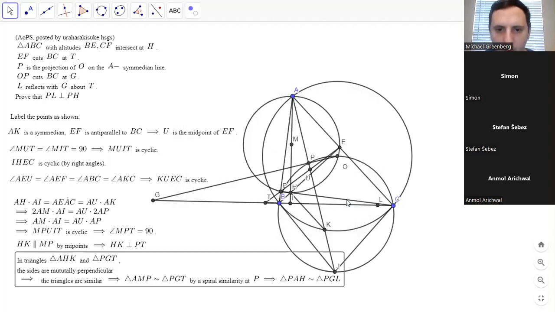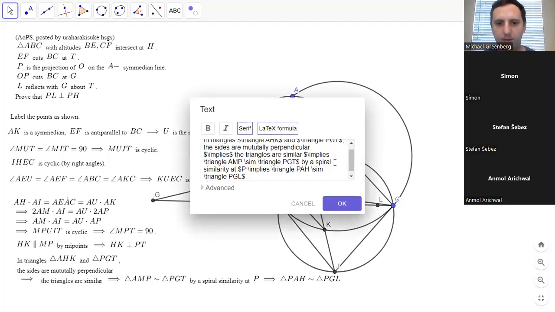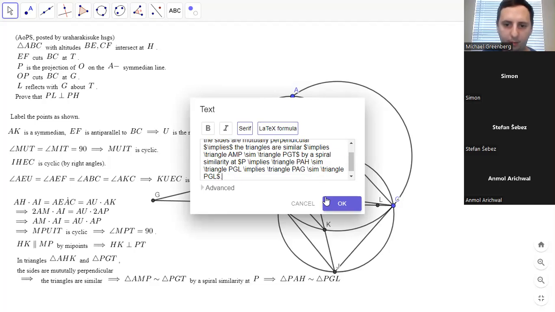And that implies triangle PAG is similar to PHL, by the spiral similarity.